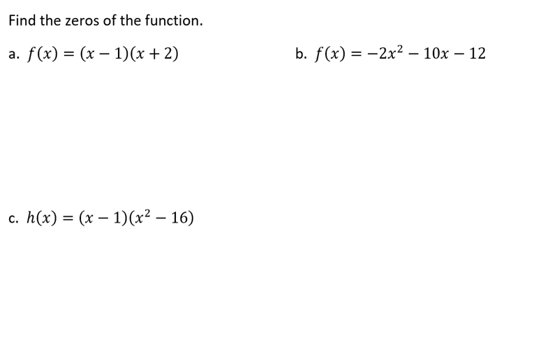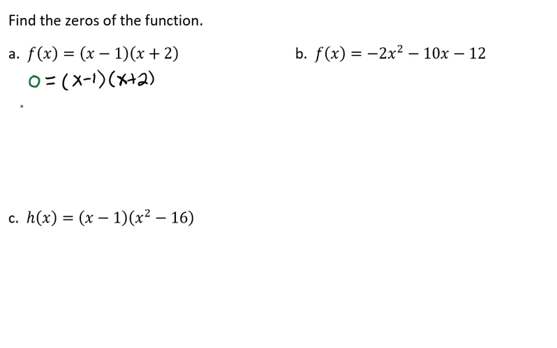So what we're going to do is replace our f of x with a 0. So we're going to go ahead and do that now. And so what we have is 0 equals the quantity x minus 1 times the quantity x plus 2. Now from here we're able to use the zero product property.